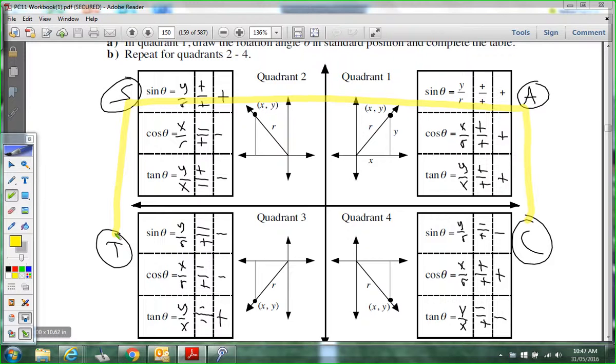What's positive there? So cosine is negative. That's it. If I said sine of 308, over here, what's positive in this section? Cosine. So sine is negative. So you're figuring out the signs for those ratios in their given degree measure.